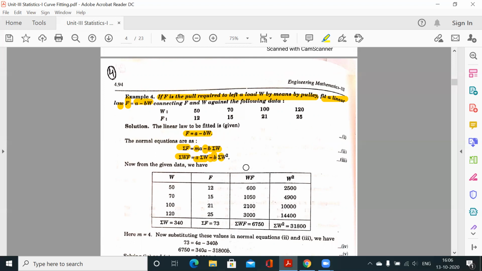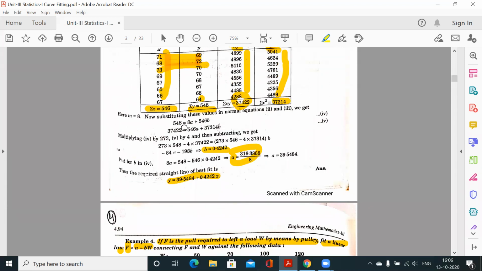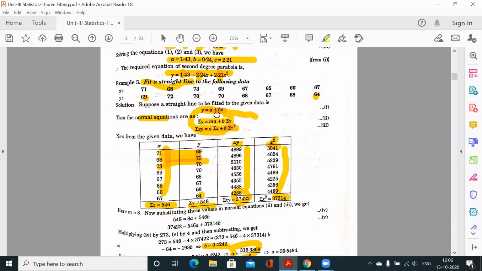So this is like y is equal to a minus bx. Similarly we have to replace the plus sign with the minus sign in this case. These are two normal equations.